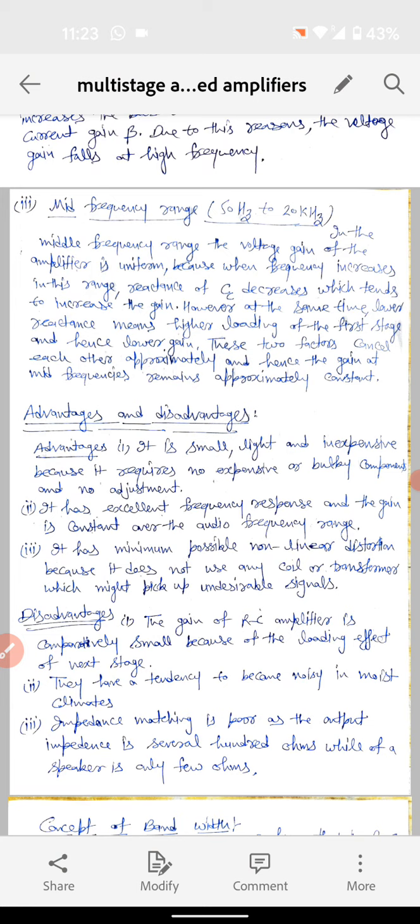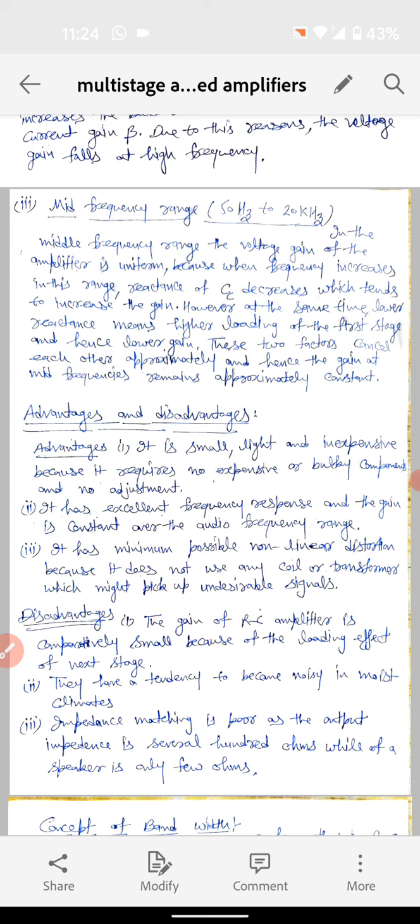First, the RC amplifier gain is comparatively small because of the loading effect of the next stage. This we have already discussed. When we move from first stage to second stage, or second to third and so on, due to that loading effect, the overall gain will be less than the theoretical gain, which is the multiplication of these different stages.